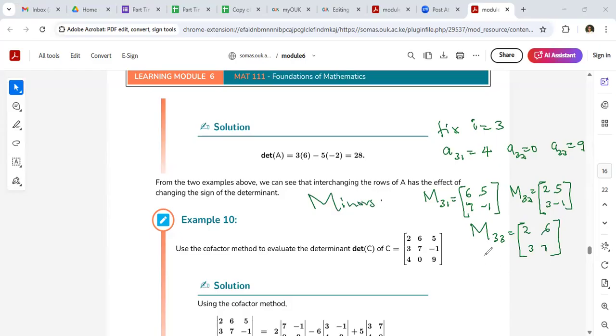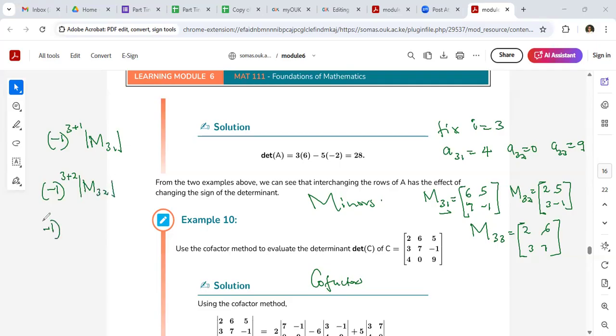So the next thing is to now find the cofactors. The cofactors would be, let me write them on this side because of space. So you have negative 1 raised to power 3 plus 1, determinant of M31. Then I have negative 1 raised to power 3 plus 2, determinant of M32.